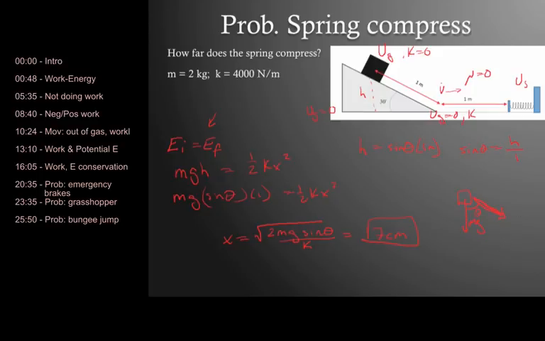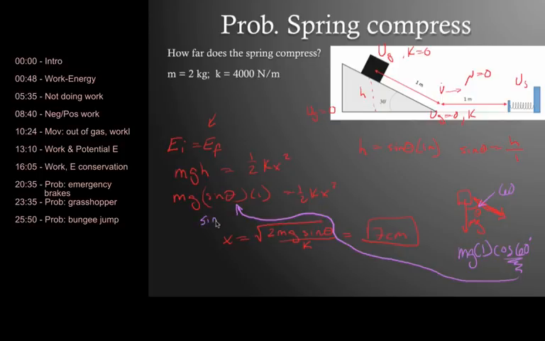This theta, let's change colors real quick. This theta is 60 degrees. So when I do mg times the distance that's done, so that's the 1 meter, and then now I need to do cosine 60. So this cosine 60 is the same as this sine 30.